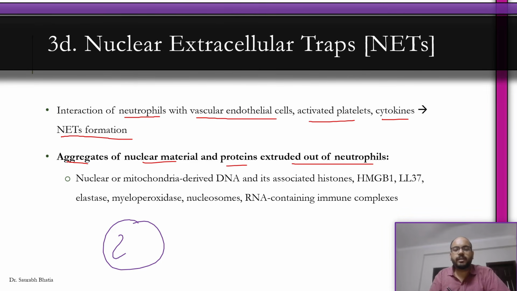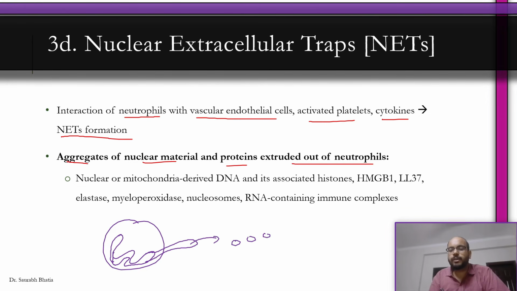So let me just explain it very easily. You have a neutrophil, and this is a bilobed or multi-lobed nucleus. When the neutrophil wants to stimulate the immune system further, they can extrude or push out material of the nucleus outside the cell. When this happens, it will get broken up.